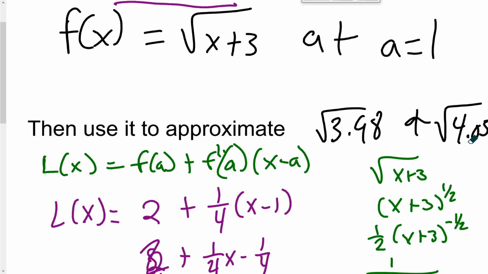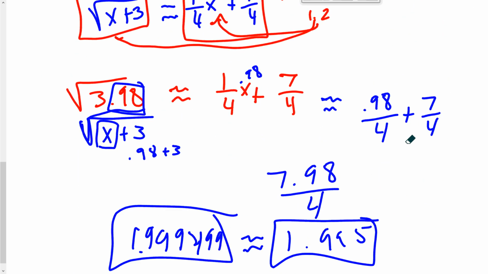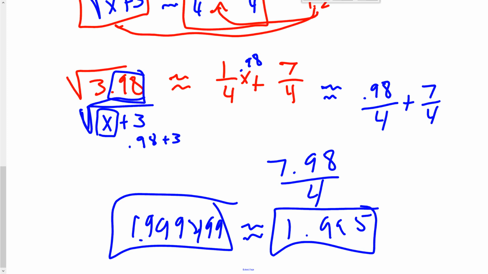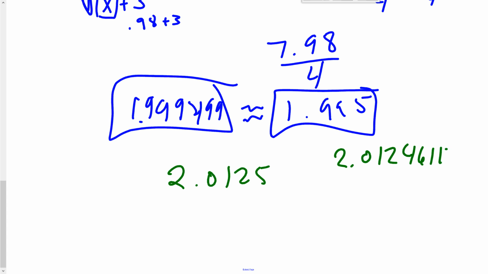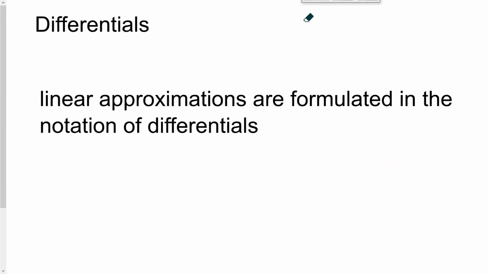So my x would be 1.05 that I plug in here. So that answer, if your x is 1.05, is 2.0125. And the actual value is 2.0124617, it keeps on going. So pretty close.